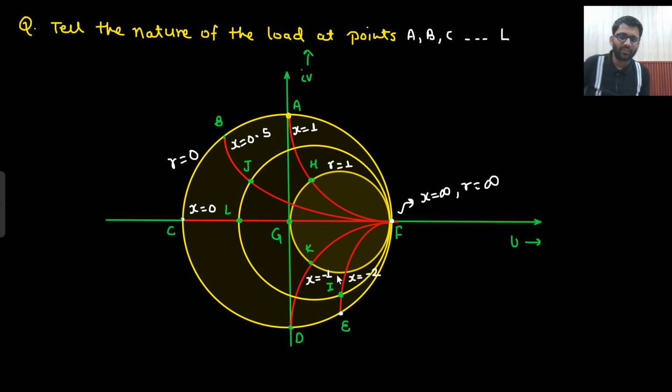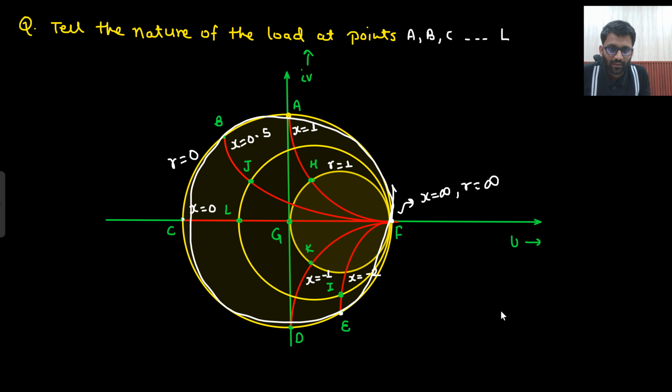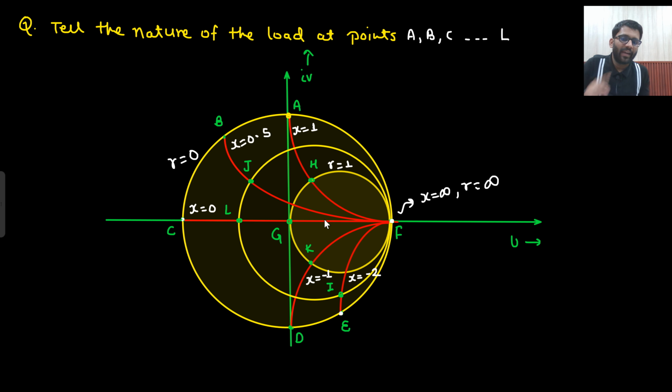E, F. So all kinds of points we are going to see. Now in F there will be a doubt. Some guys will say that sir, this is your X equals 0 circle, and this is your X equals 0 line. So the X equals 0 line and X equals 0 circle both are cutting at this point as well.